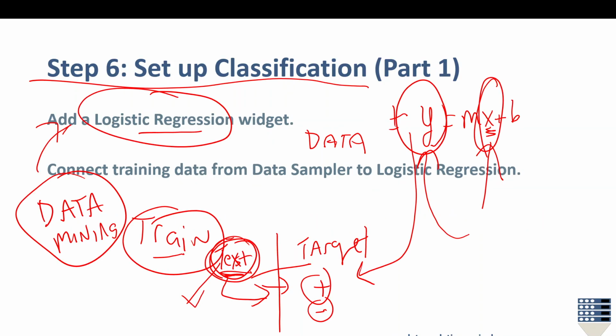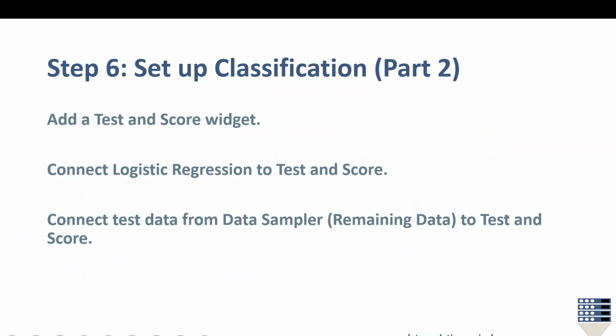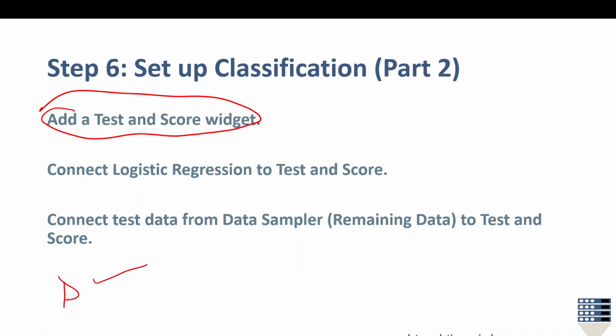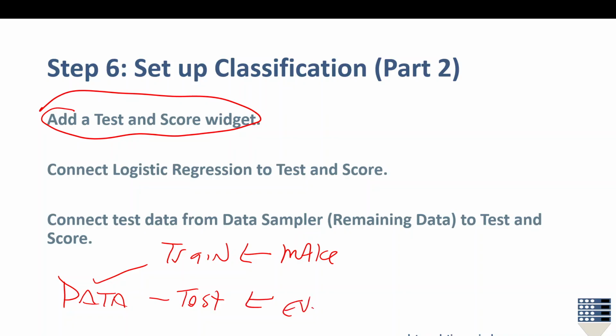We're going to run this model and create it. Then we have a model. When we have a model, we're going to evaluate it. So we split our data into the training and the testing. This we're going to make the model with, and then this we're going to evaluate with.